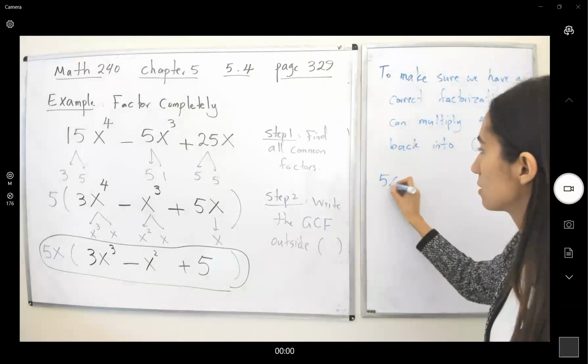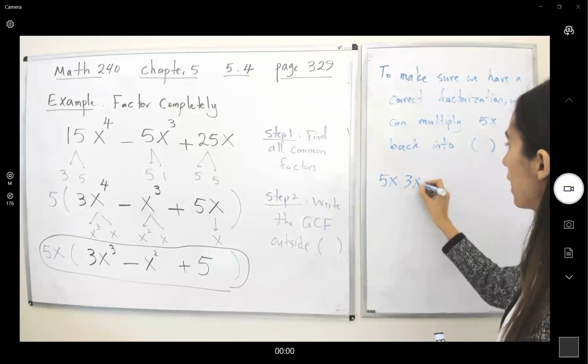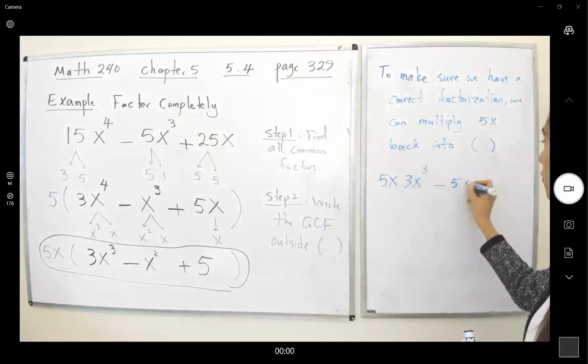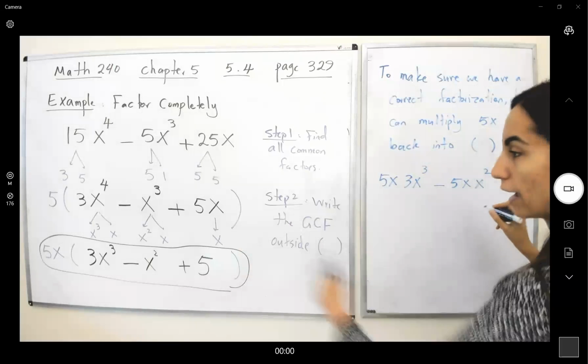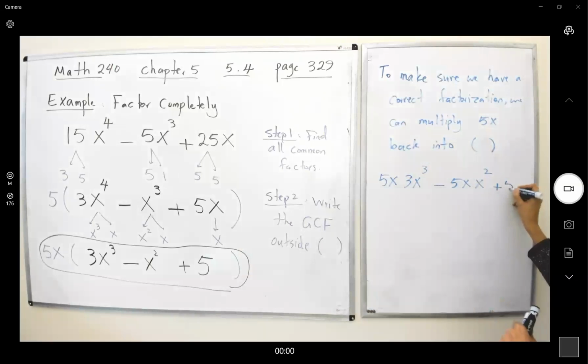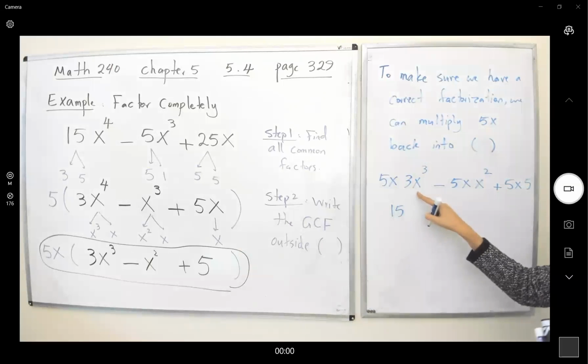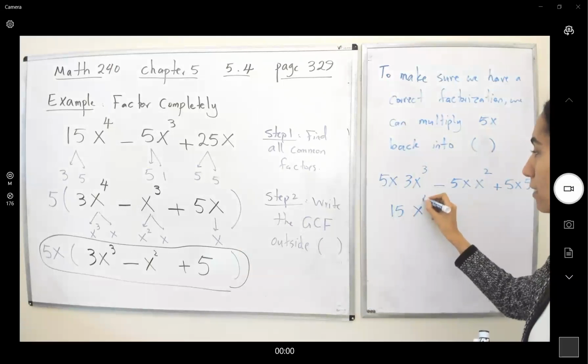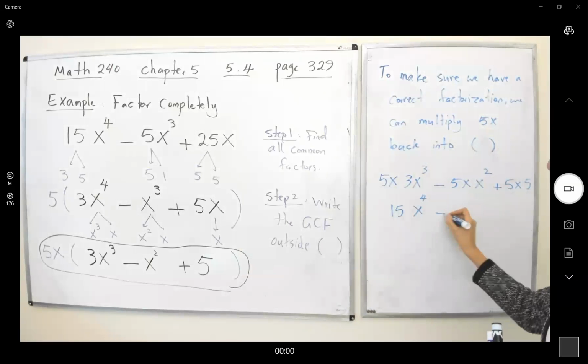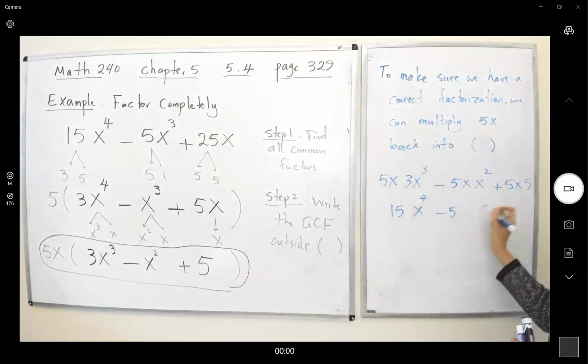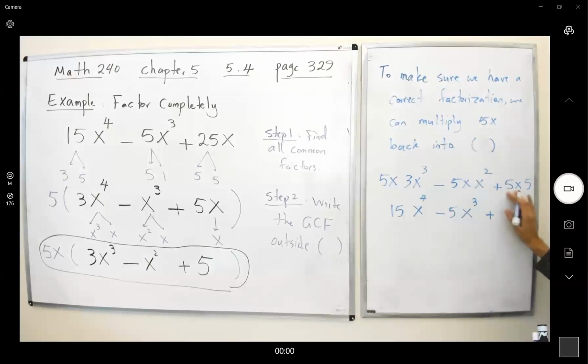We have 5x times the first term, 3x cubed, minus 5x times x squared, and here you have 5x times 5. 5 times 3 is 15, x times x cubed, same base, we add the exponents, minus 5, x times x squared, same base, add the exponents, plus 5 times 5, which is 25x. Do I have the original expression? Yes, it means that this is absolutely correct.